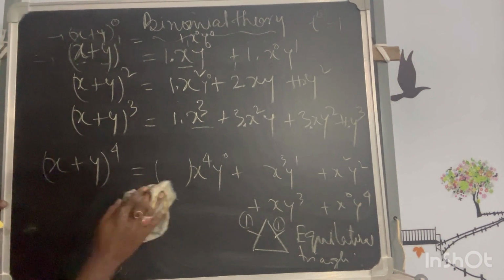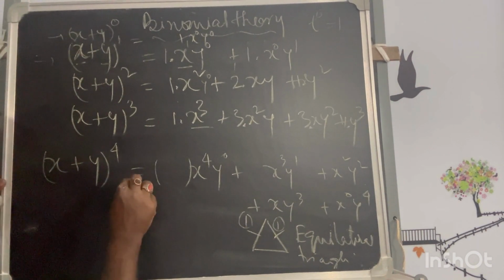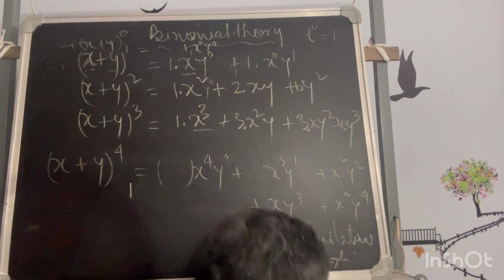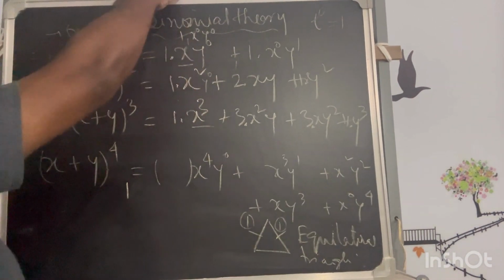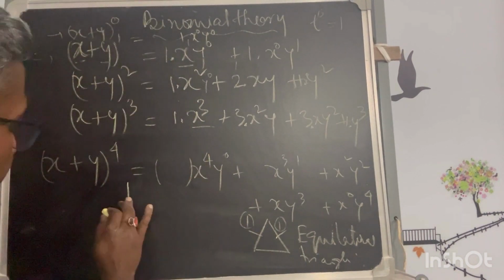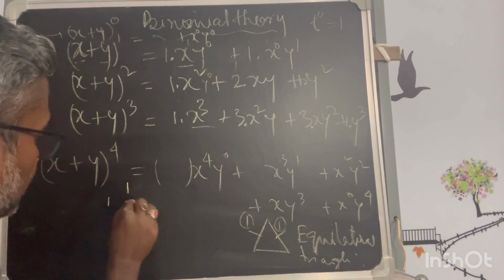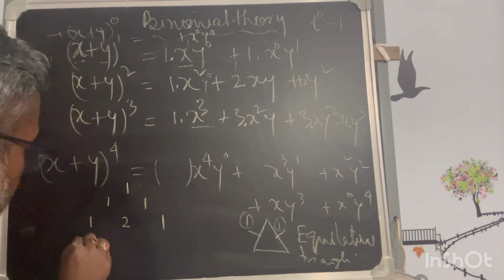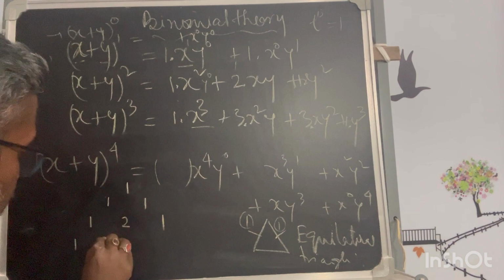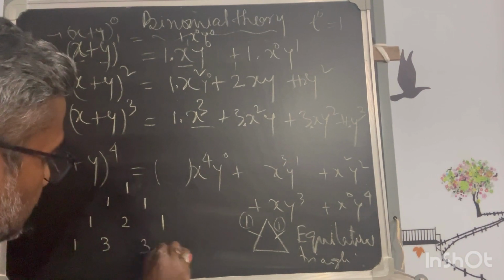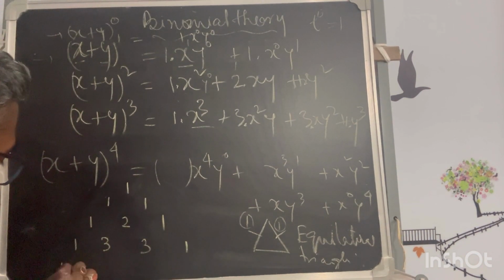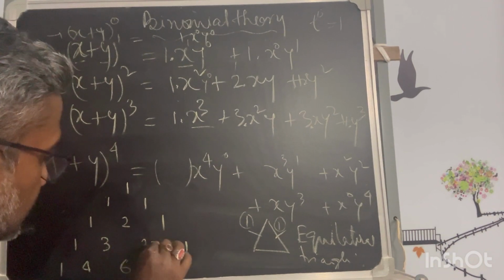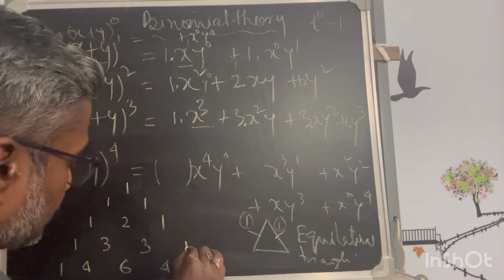Let me take a smaller space. So now if I write 1, then 1, 1, then 1, 2, 1, then the next 1, 1 plus 2 is 3, 2 plus 1 is 3, 1, then 1, 1 plus 3 is 4, 3 plus 3 is 6, 3 plus 1 is 4, and this 1.